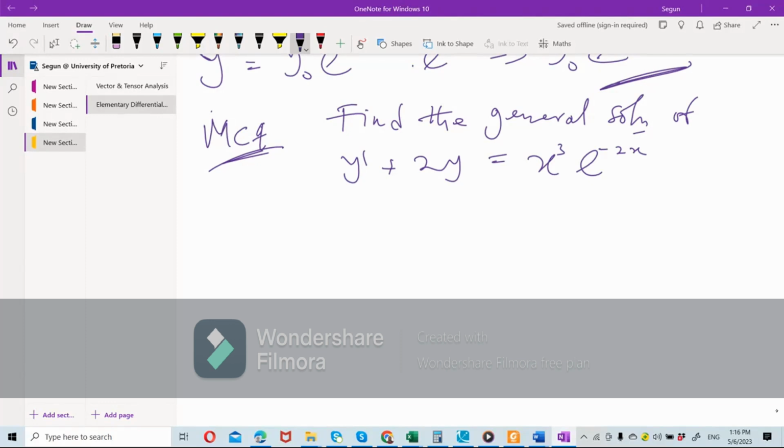Remember, we've calculated it the other time. We know that our y is equal to c exponential ax. What is a in this case? Who can tell us? From the above question, a is equal to what?